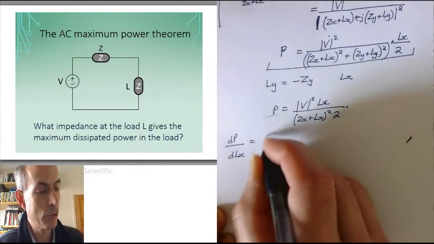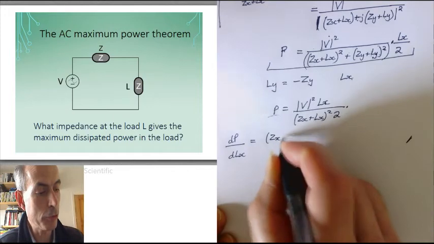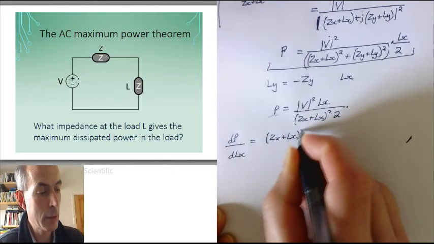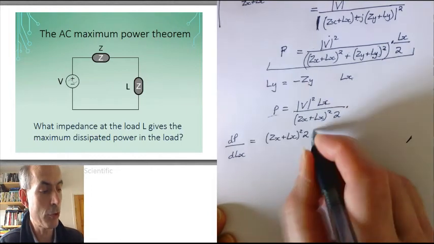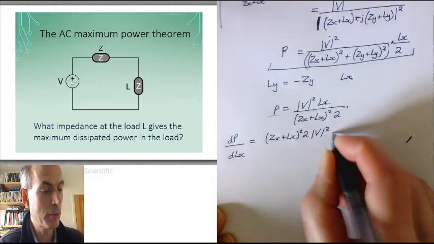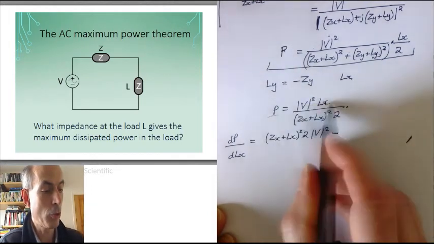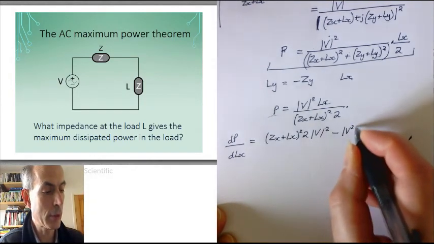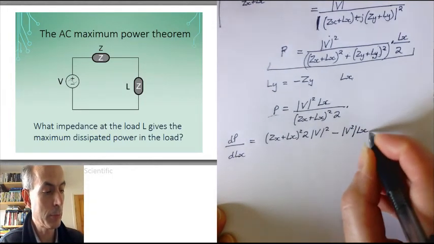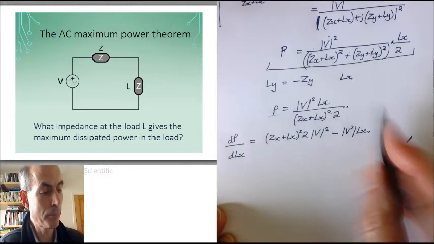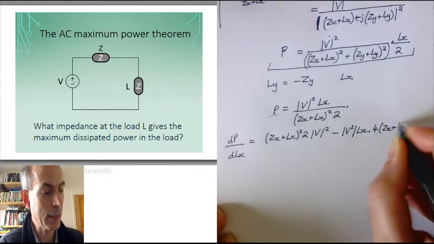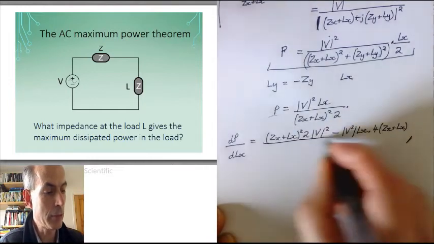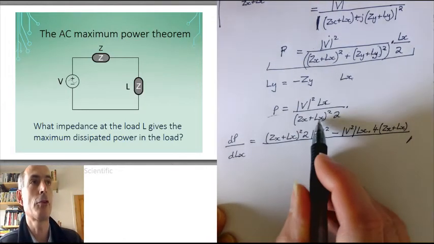Well, this is a differential of a quotient, so it's the term on the bottom times the differential of the term on the top, which is just modulus of V squared, minus the term on the top, V squared times Lx, times the differential of the term on the bottom, which would be 2 times Zx plus Lx, divided by the square of the term on the bottom.